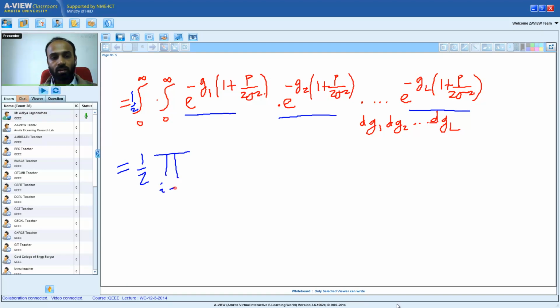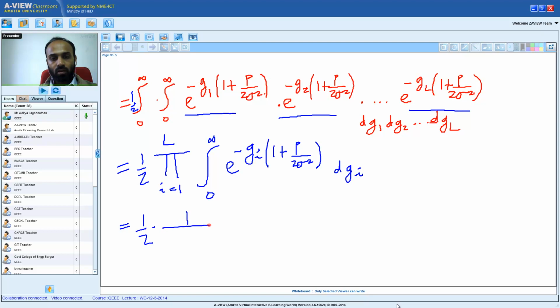I can write this as the product of i equals 1 to L, where each factor is the integral from 0 to infinity of e to the power of minus gi (1 plus p by 2 sigma square) dgi, which is equal to half, 1 over 1 plus p by 2 sigma square, to the power of L. So basically this bit error rate that we have seen is half times 1 over 1 plus p by 2 sigma square to the power of L.